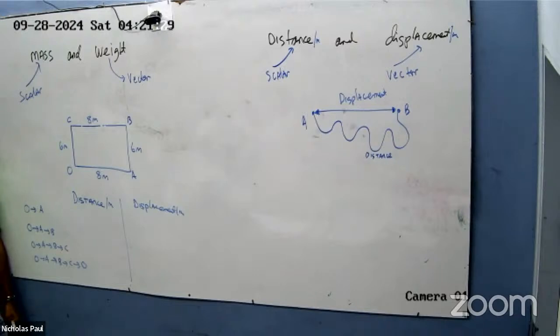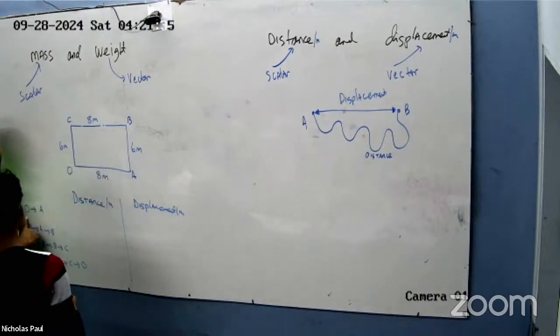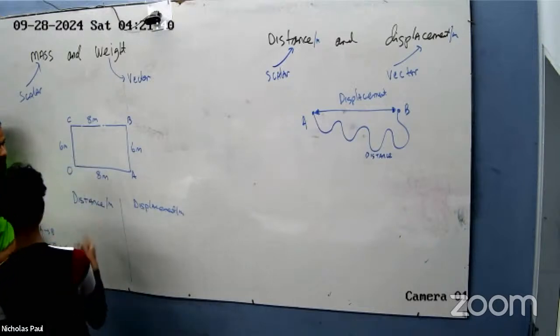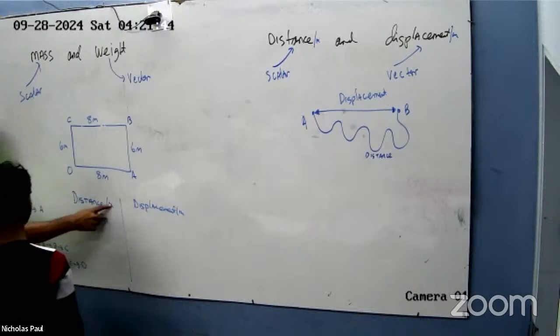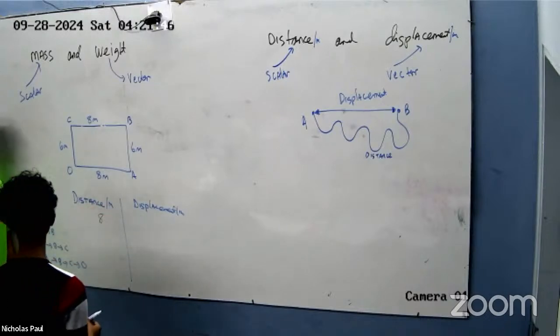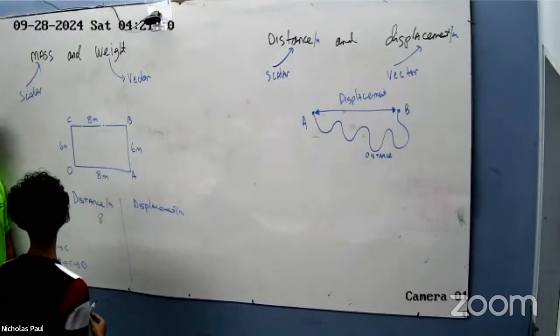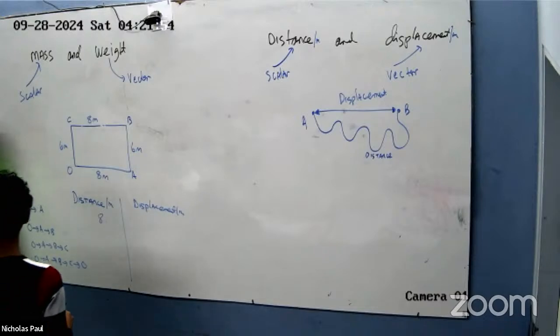Right, so distance is total length travelled. So where did you start? Where did you finish? So what's the total length travelled? Right. But what is displacement? What is the definition?